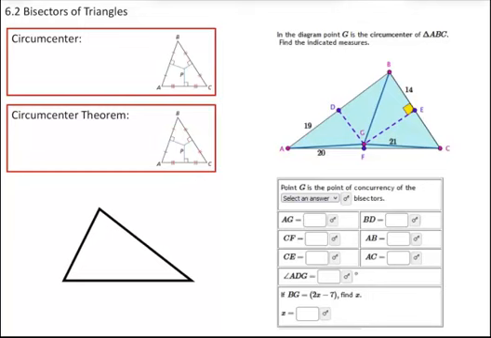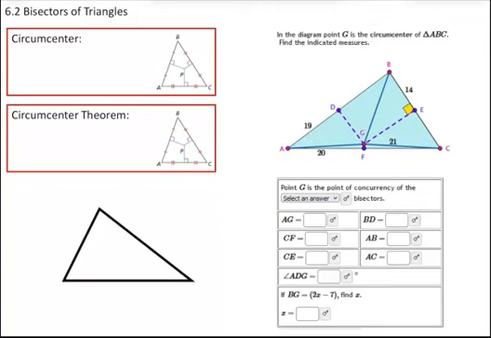All right, so for these next 2 sections, 6.2 and 6.3, we're going to talk about four points of concurrency, which is a point where 3 specific lines or types of bisectors intersect on a given triangle. Okay? And so the first one is called a circumcenter.